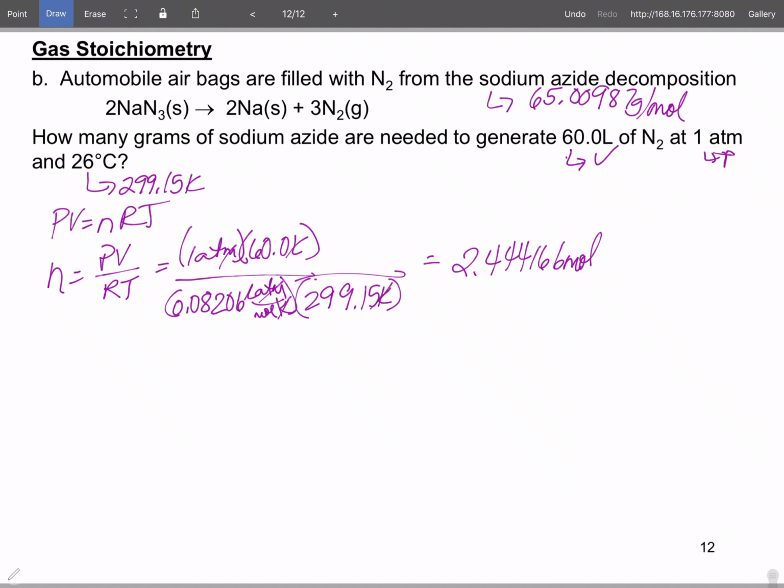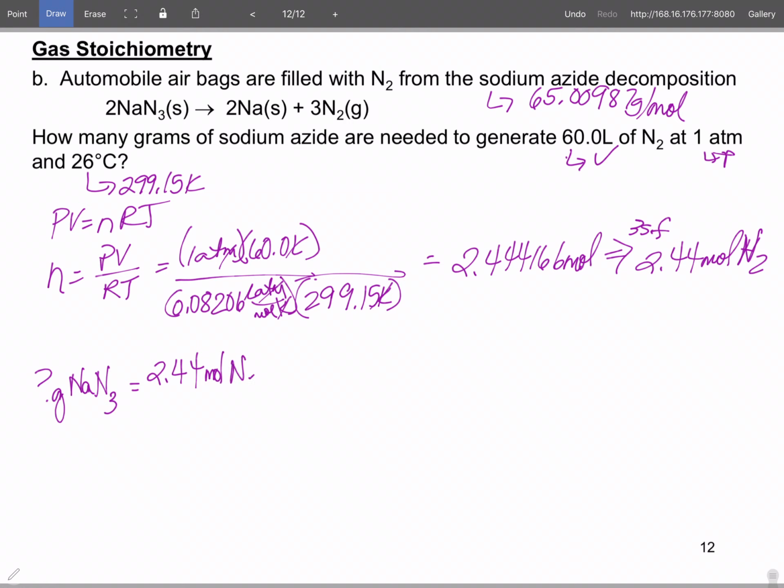We're going to use, let's see how many significant figures. We'll use 3 significant figures here. So that's 2.44 moles. Whoops, not hydrogen, nitrogen. So now we want grams of sodium azide. So we're going to start with moles of nitrogen. And we know that there are 3 moles of nitrogen for every 2 moles of sodium azide.